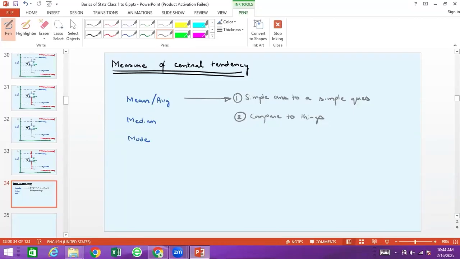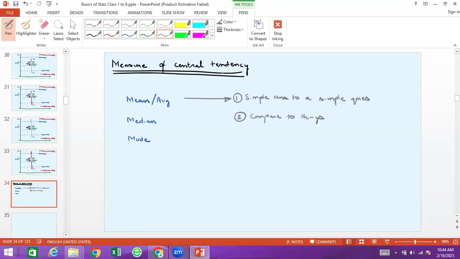We see that, okay, one product is rated, or one restaurant is rated 4.5, another one is rated 3.9. So most probably the one which is rated 4.5 will be better than 3.9. Okay. So whenever you want to compare two things, you can use averages, average of both the things.